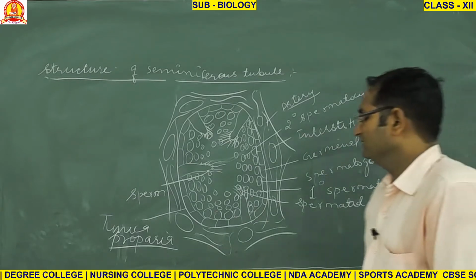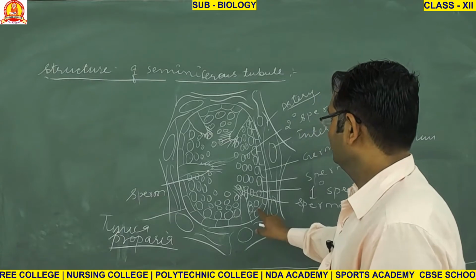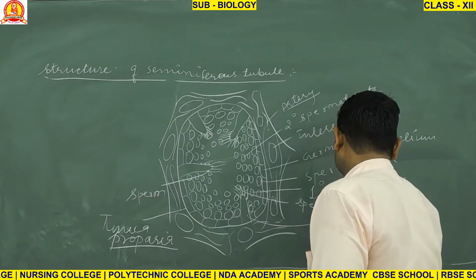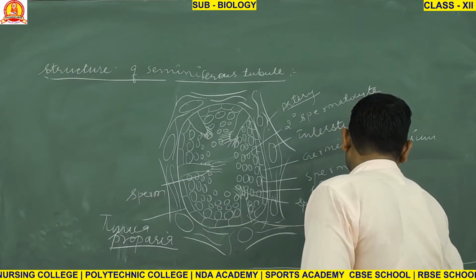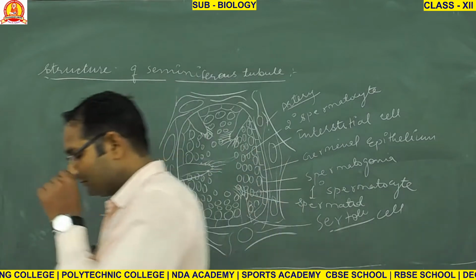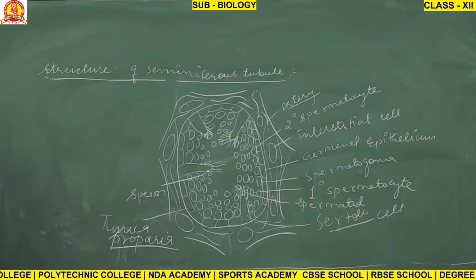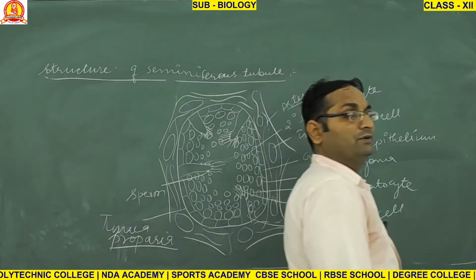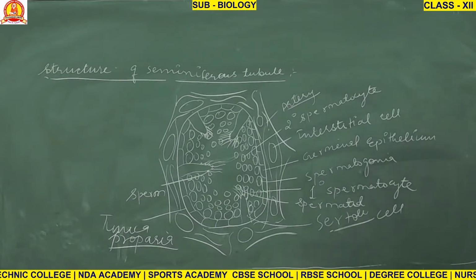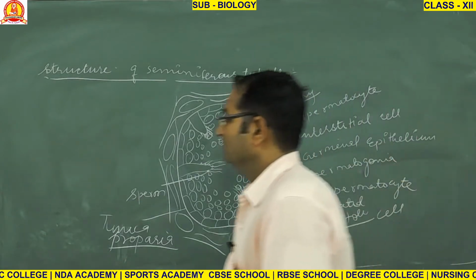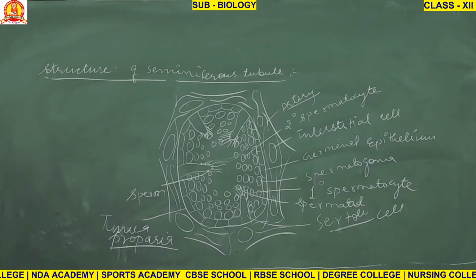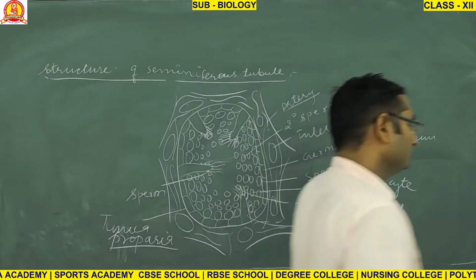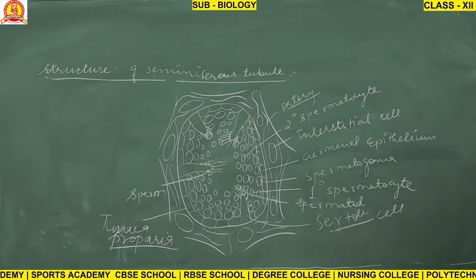First is spermatogonia and second is Sertoli cell. Spermatogonia produce sperm by meiosis division, and Sertoli cells provide nutrition, protection and encouragement to the developing sperm. The head of the sperm is embedded in the Sertoli cell. Okay, so this is the structure of seminiferous tubule. After this, structure of female reproductive system.